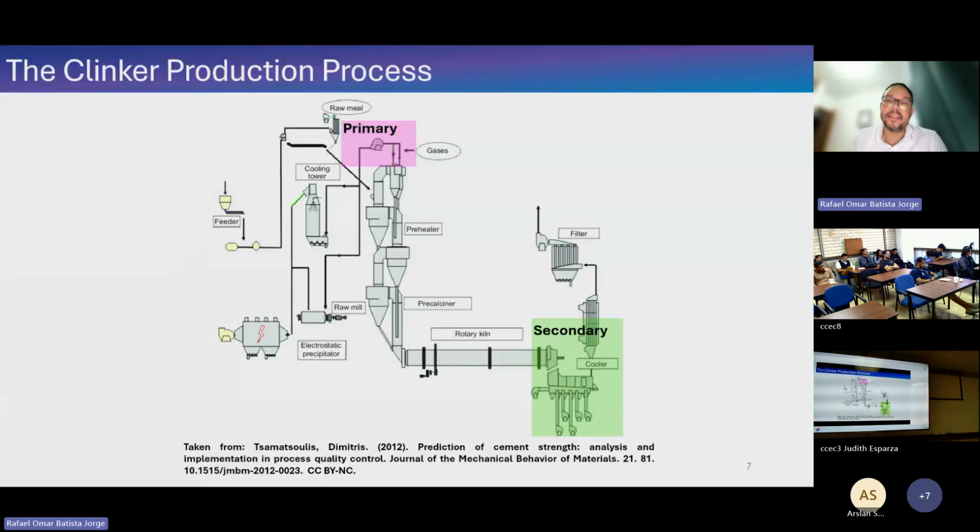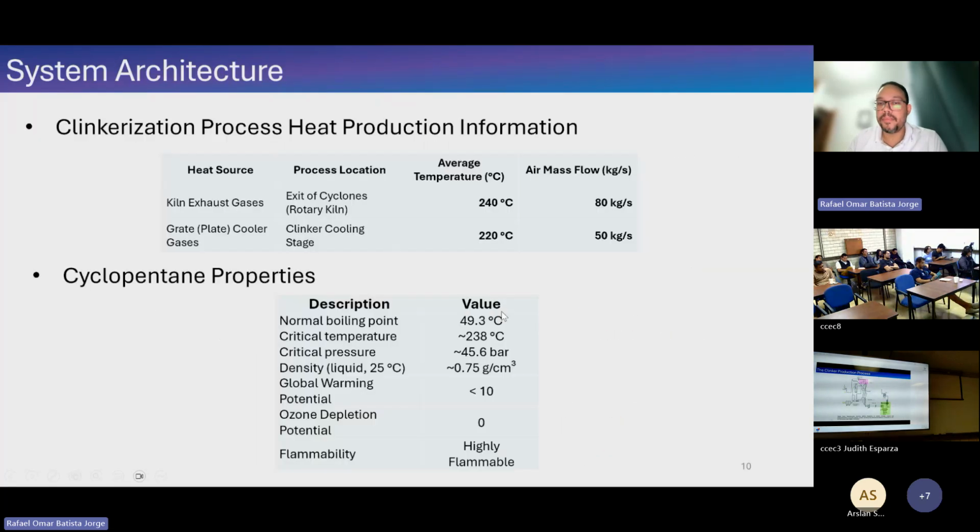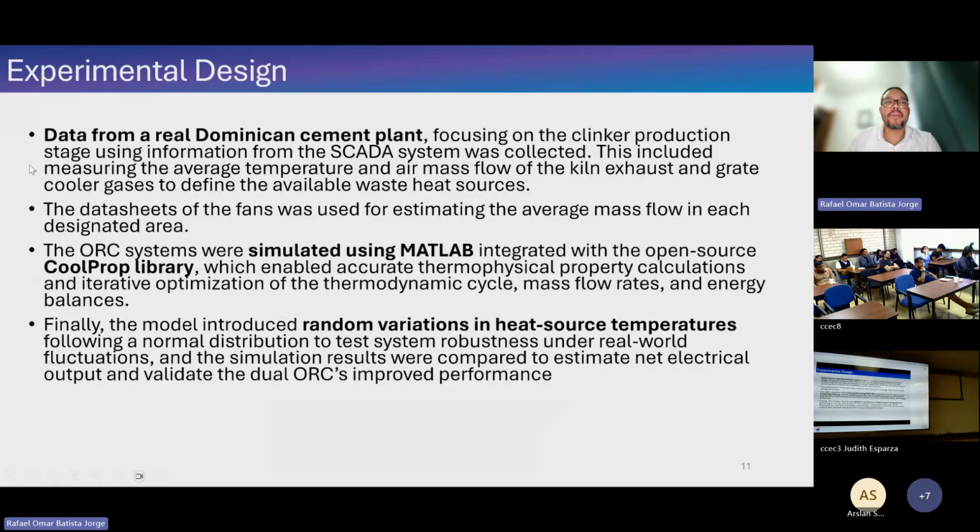So it would be better if it was not that highly flammable, but it is possible to have this combination, and it is something common in the cement process. Yeah. So data from a real Dominican cement plant was acquired using the SCADA system, and we take average values of that information from the SCADA.